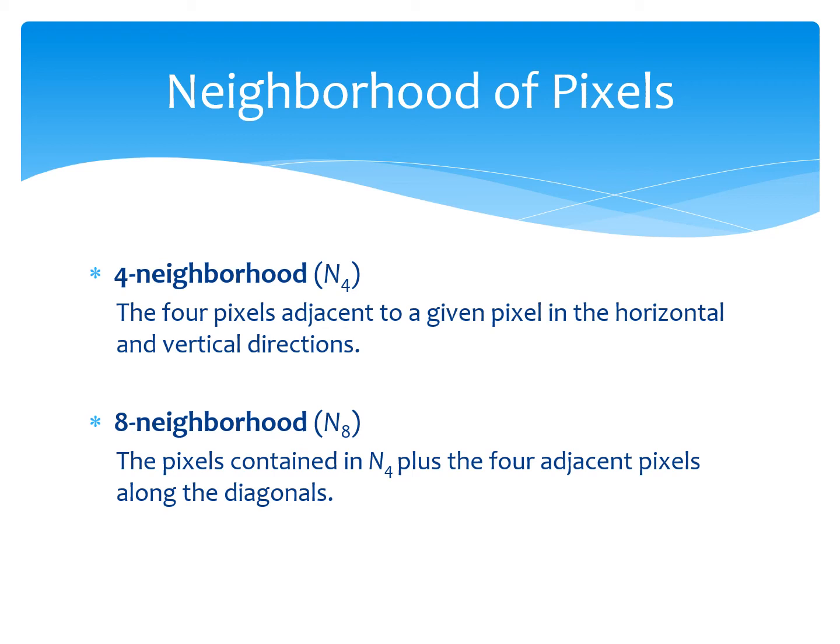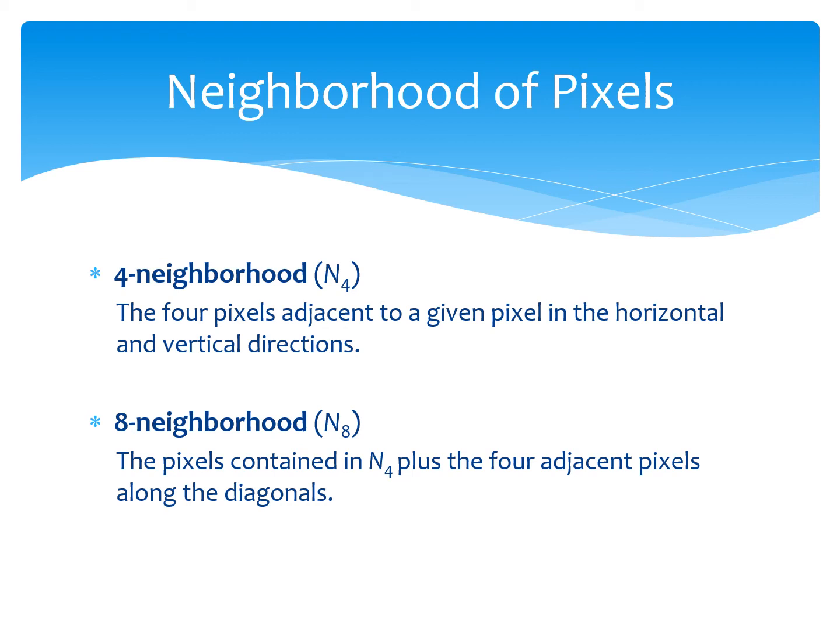In digital image processing, we have two commonly used pixel connectivity definitions, including first, four-neighbor connectivity, which is also known as four-neighborhood, N4.